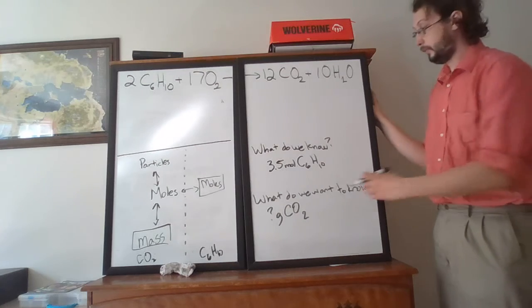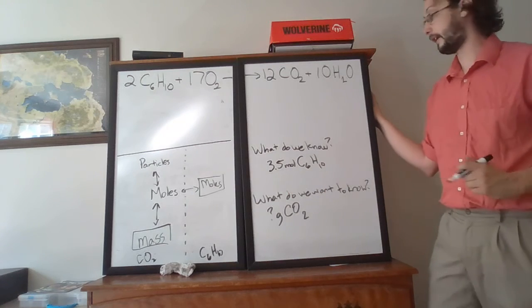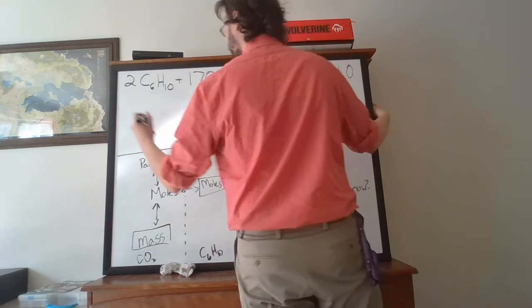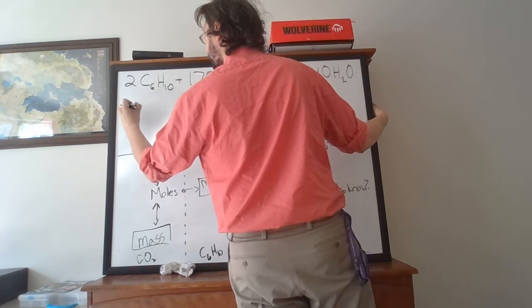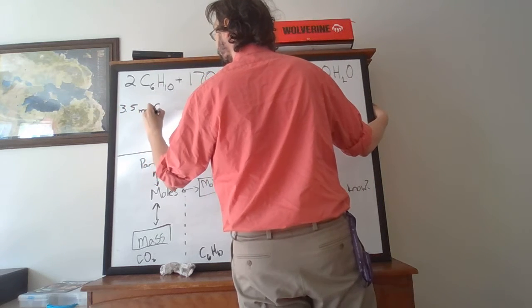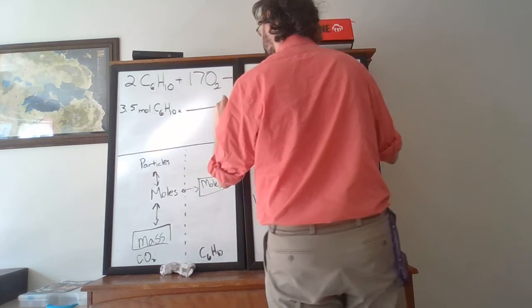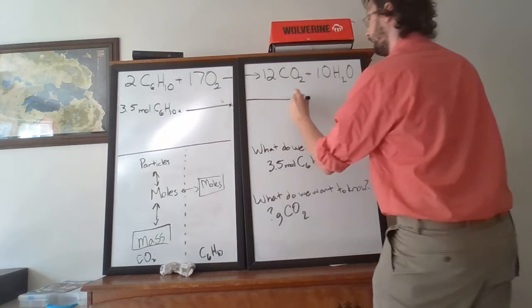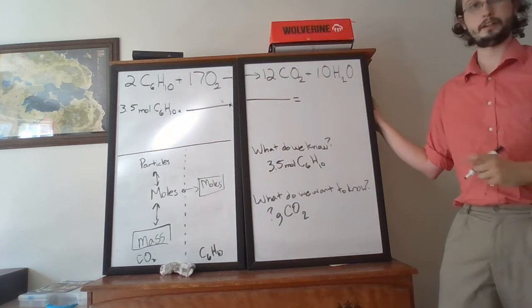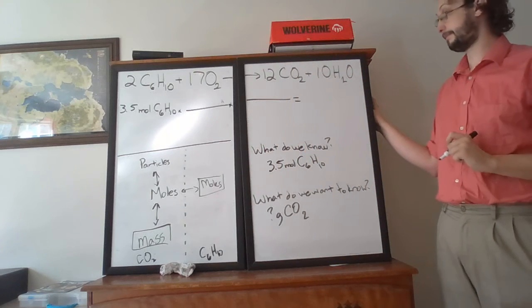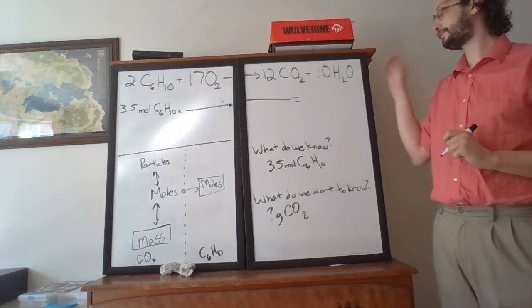When we set up our problem, we take what we know and use that as our starting value. So we know we have 3.5 moles of hexane. We need two conversion factors because we crossed two arrows in our graphic organizer.